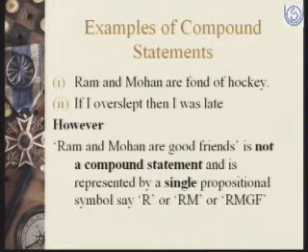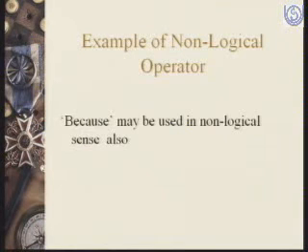Another example: if I overslept, then I was late. In these cases, when we are symbolizing, generally we will say R stands for Ram is fond of hockey, and M stands for Mohan is fond of hockey, and it will become R and M. Similarly, the other one can be translated.